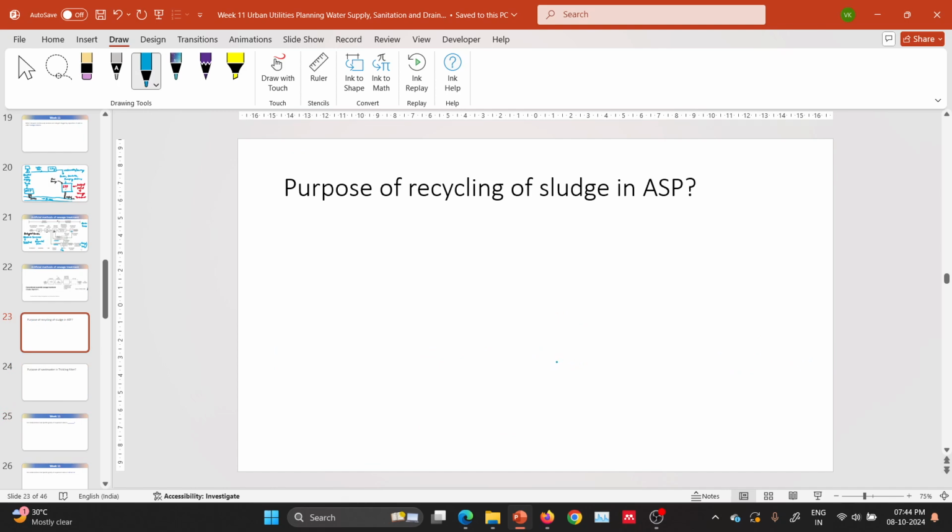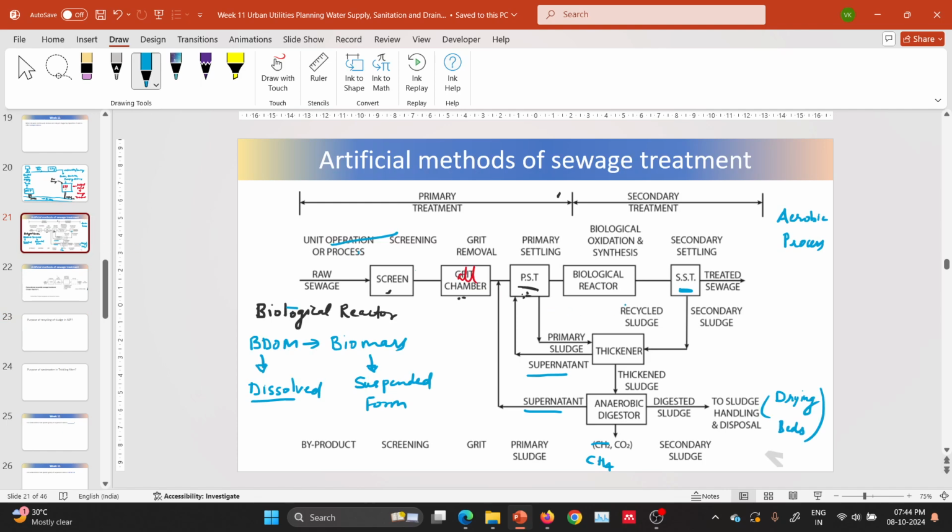So what is the purpose of recycling of sludge in ASP? In this flowchart, ASP is the activated sludge process, which is an aerobic suspended growth system. So here we will put the ASP.